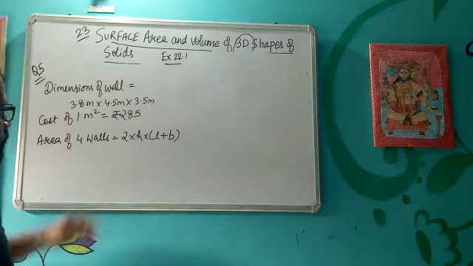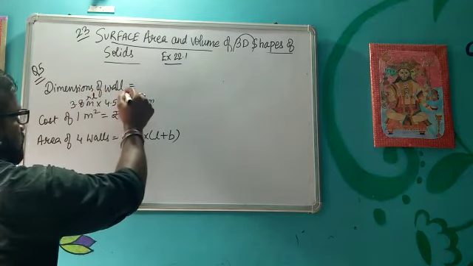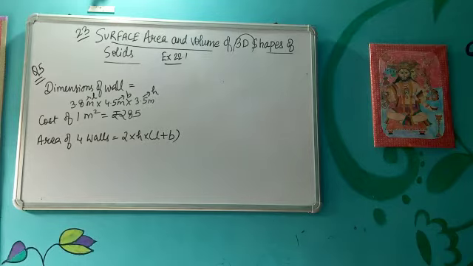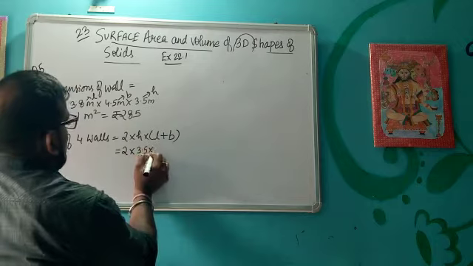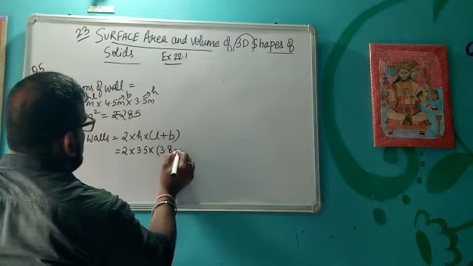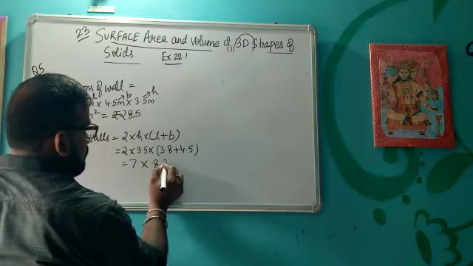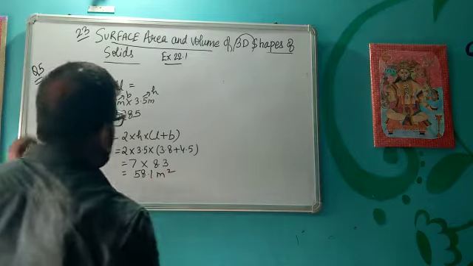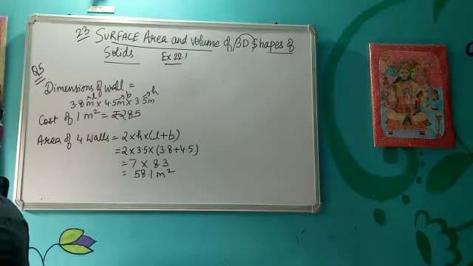As I have already told you, this is L, this is B, and this is H. By default we are taking it like this only. So we will put the values: 2 into H is our 3.5, L is our 3.8 plus 4.5. When we calculate, we will get 58.1 meter square.